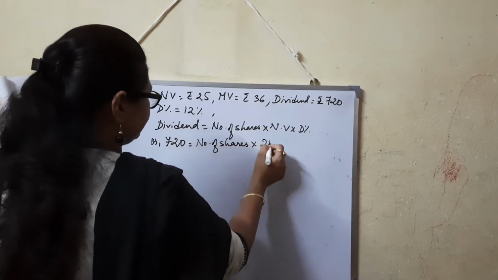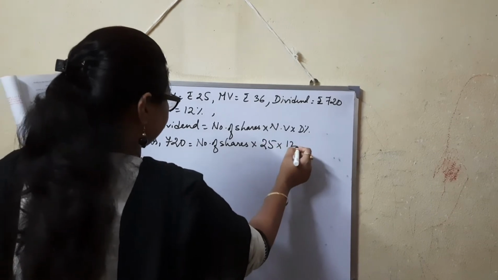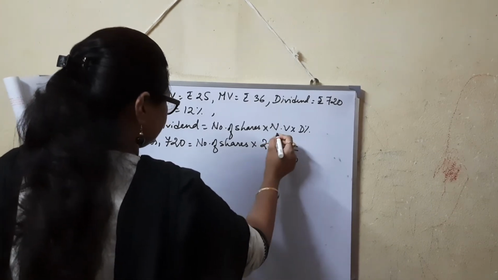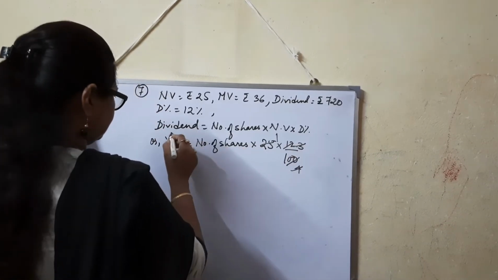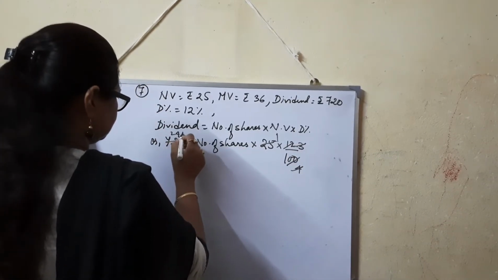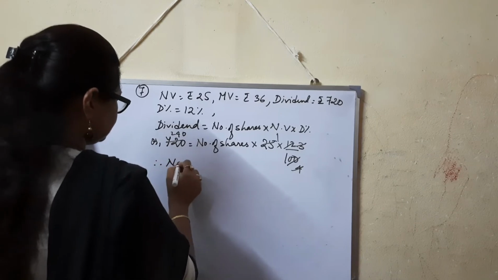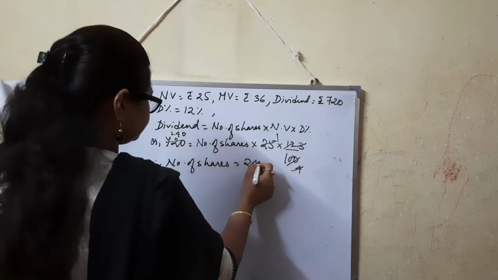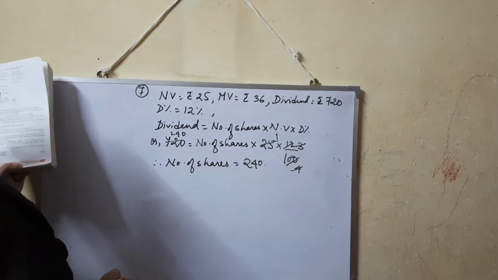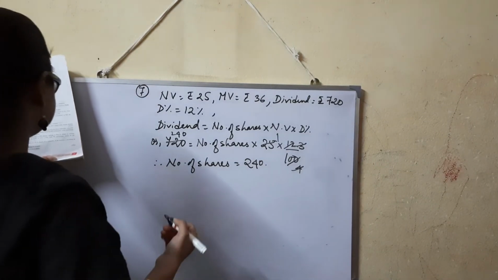Nominal value is 25 and dividend is 12 by 100. So therefore number of shares equal to 240.